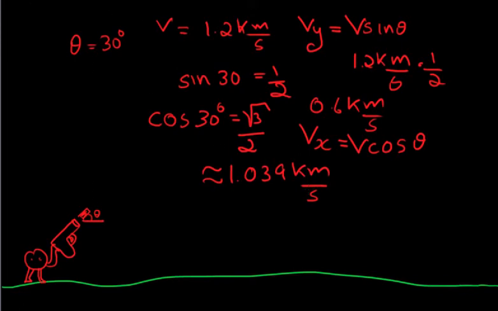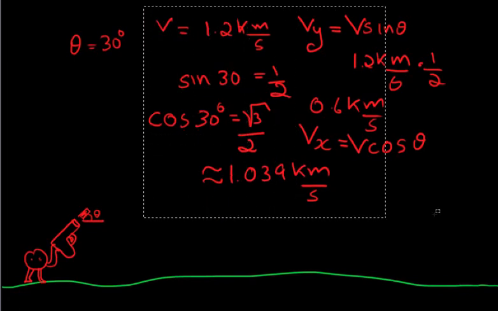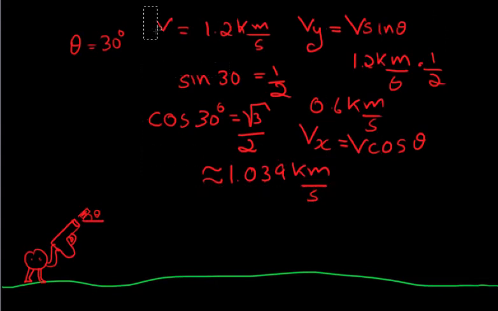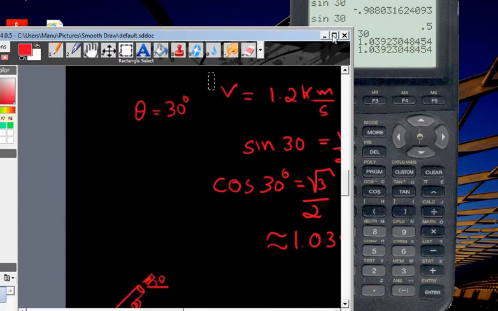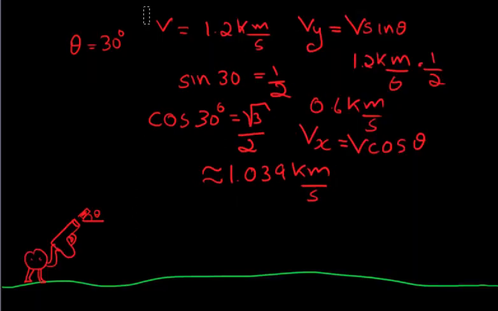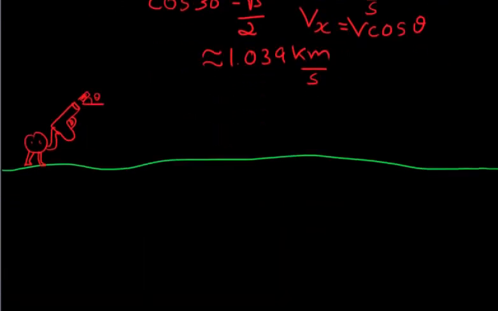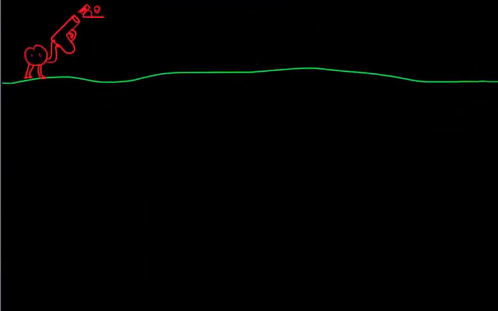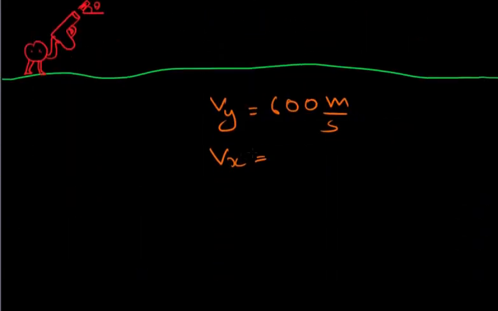So as we have figured out the x and y components of our velocity, we can write them down. So if we scroll down and write those velocities, the vertical velocity is around 600 meters per second, and the horizontal velocity is 1.039 kilometers per second.